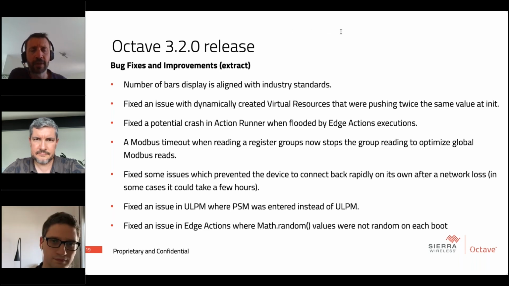So if the system tries to read a register, you may read hundreds of registers on a single device. If it times out on the first register, meaning that the Modbus device does not even respond, then rather than trying all 100 of them with a 100 millisecond timeout each, and waiting a lot of time before going back and trying to poll another Modbus asset, which might be there now, we won't try to reread any register from that asset until the next global cycle.